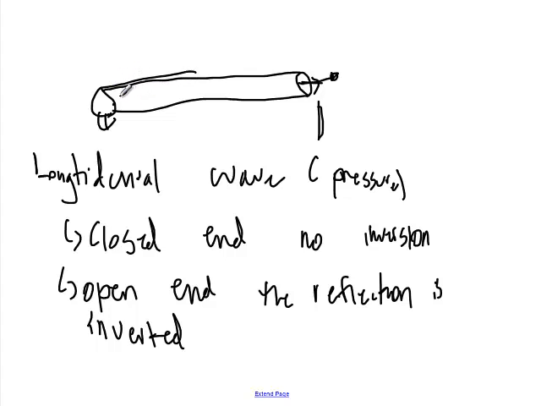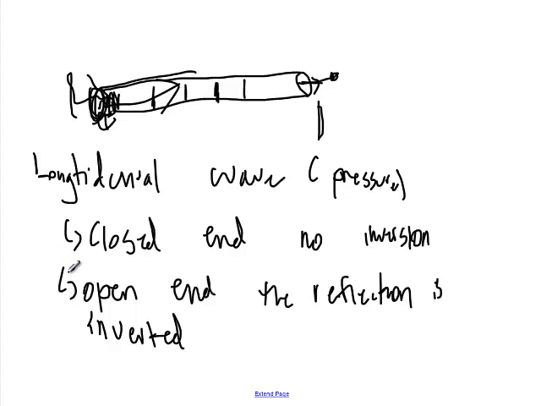As this wave of pressure moves through it, it's going to have high pressure, low pressure, high pressure, low pressure. All of a sudden it's not contained in this tube anymore. It's like, whoa, I can do whatever I want, but that means this is a boundary. So it does bounce back from there, but it bounces back inverted.